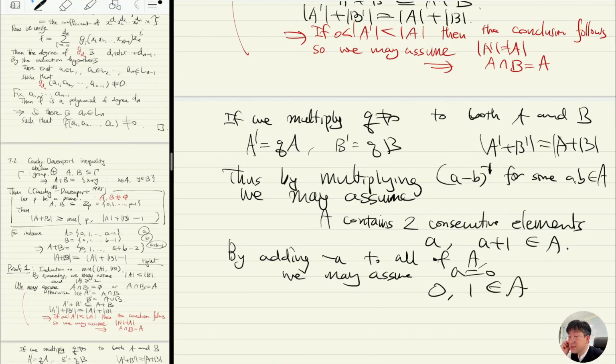What does that mean? That means I can add the same number to everybody in A and everything is the same. The cardinality of A is the same, the cardinality of B is the same, the cardinality of A plus B is the same, so it doesn't change the problem, so I might as well do it. And then that means that A contains 0 and 1.